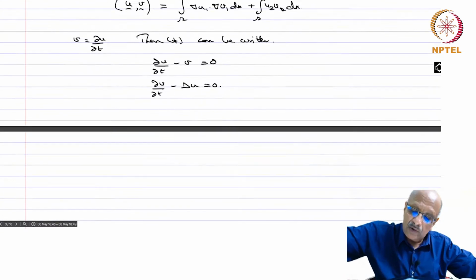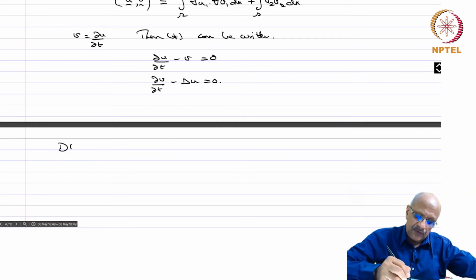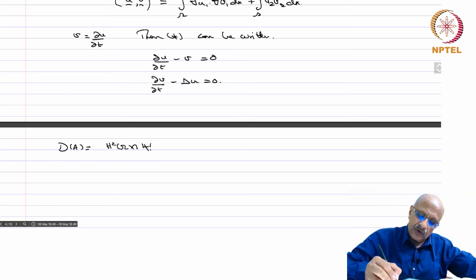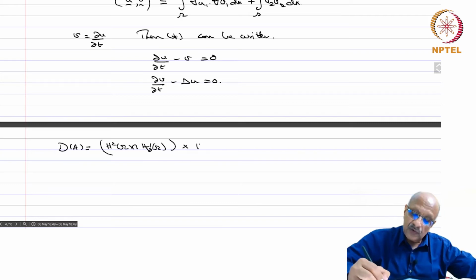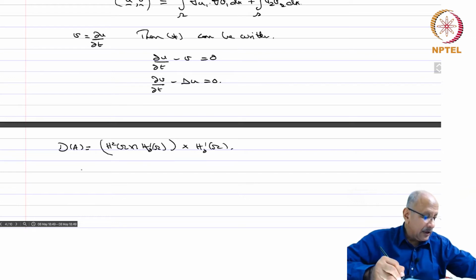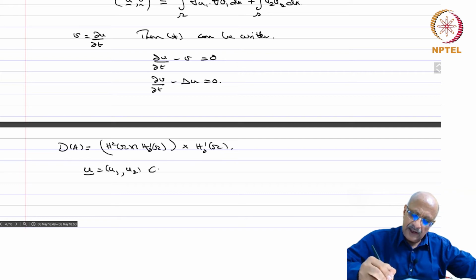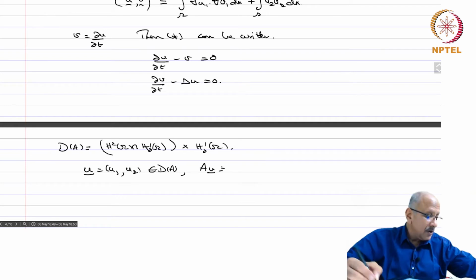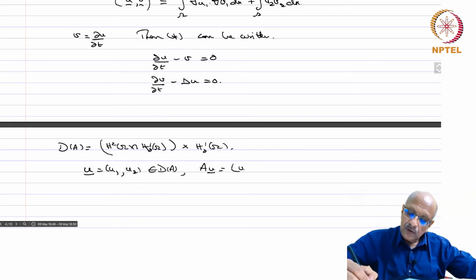Now we will look at the domain of A, equal to H2 of omega intersection H10 of omega for the first component, cross H10 of omega, and for any u equals (u1, u2) in D(A), we will define A of u equals (u2, Laplacian u1).